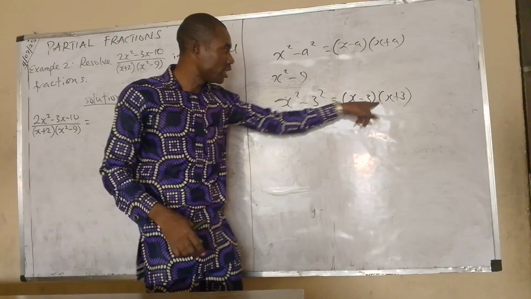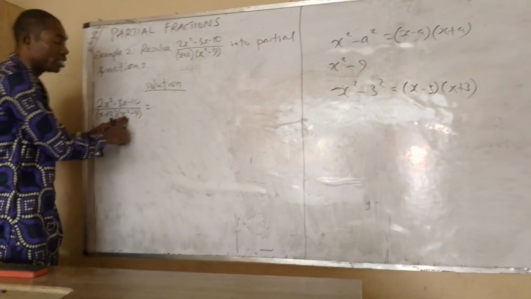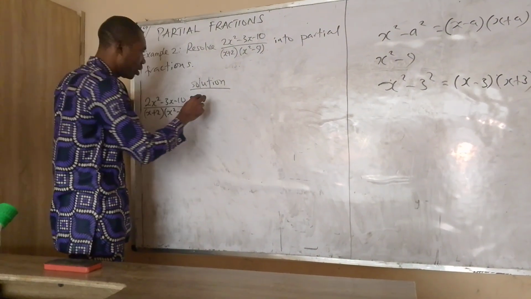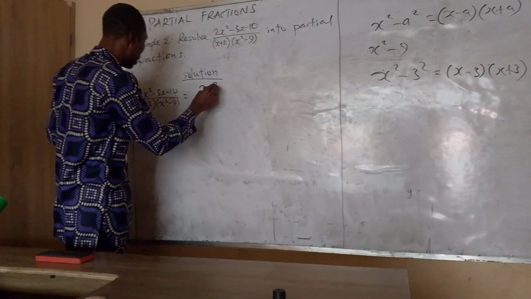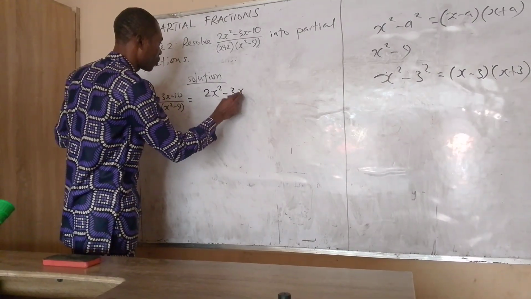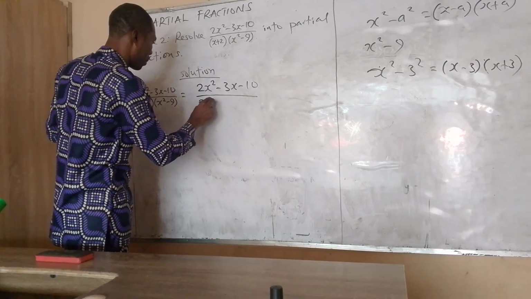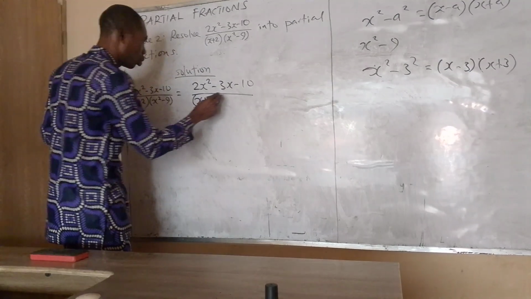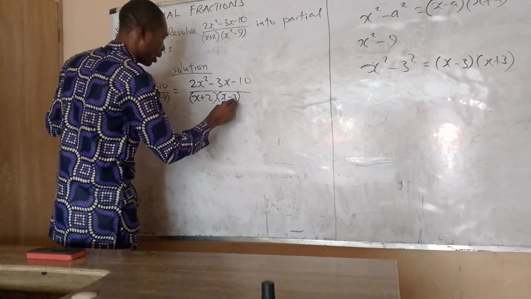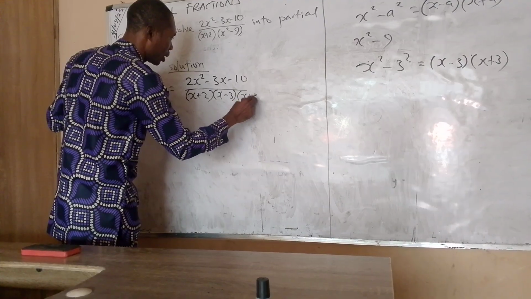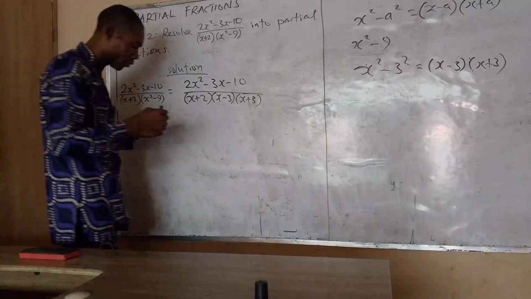So I'm going to put this now in place of this factor. That will give me 2x squared minus 3x minus 10 over (x plus 2) into (x minus 3) into (x plus 3).